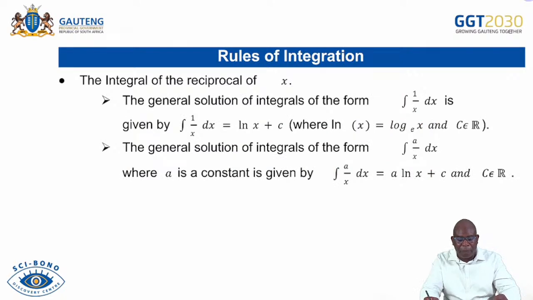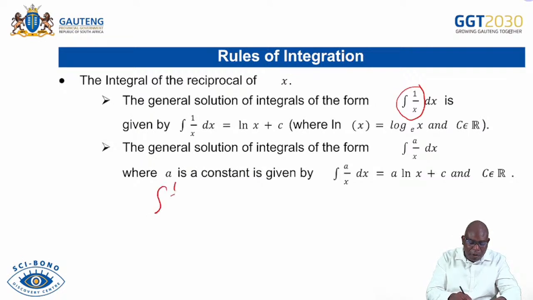All right, now, the rules of integration, the integral of the reciprocal. So the general solution will be, if I've got something like 1 over x. Now look at it. If I try to integrate that, I'm going to have the integral of 1 over x dx.